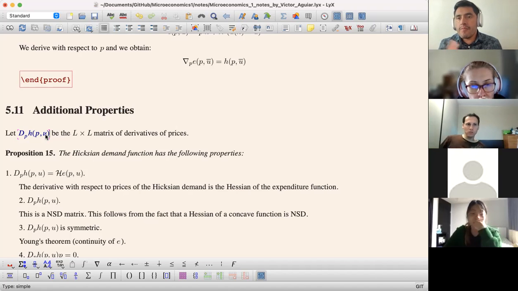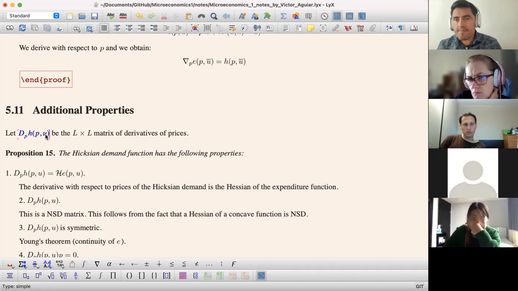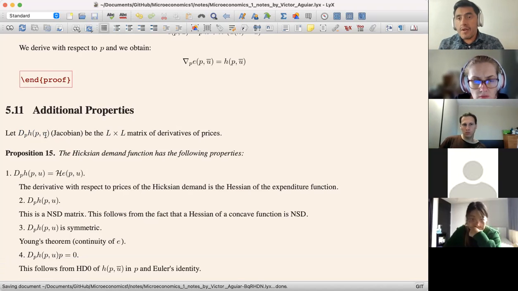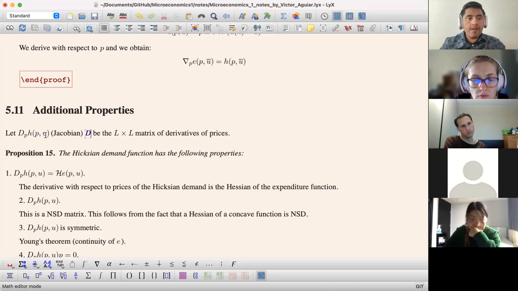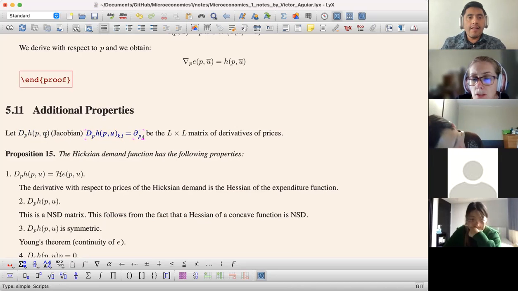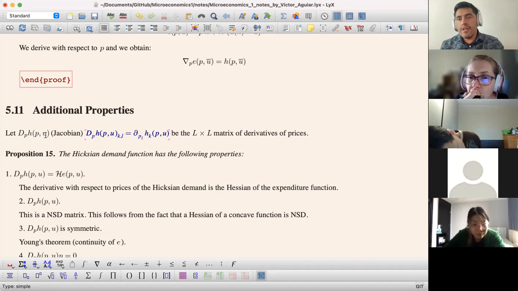Okay, who remembers from calculus what a Jacobian is? A Jacobian is a matrix of derivatives, with entry KL equal to the partial derivative with respect to price L of demand K. Do you understand?